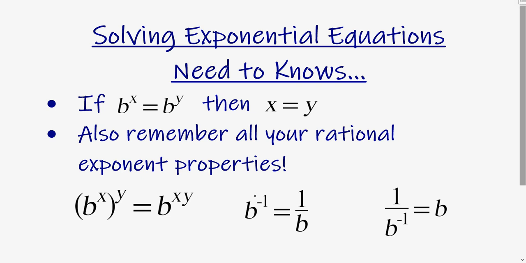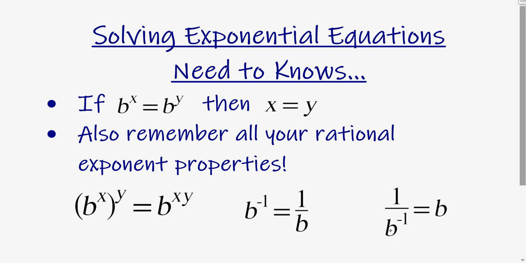Negative exponents, remember, they just kind of move it from being in the numerator to the denominator if we're trying to express that in the simplest way possible. So if you have b raised to the negative 1, that's 1 over b to the first. If you have b raised to the negative 2, that's 1 over b squared, etc. Okay, the opposite happens if your negative exponent is already in the denominator of a rational.